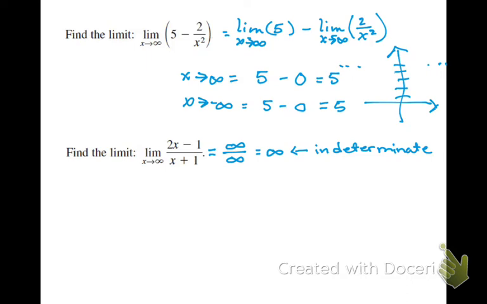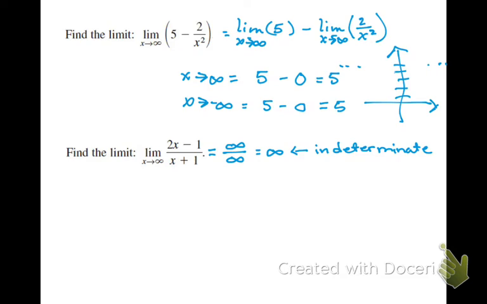What we can do when we get an indeterminate solution is divide everything by the highest power of x, or the variable, in the denominator. So the highest degree of x, or whatever variable we're using, in the denominator.